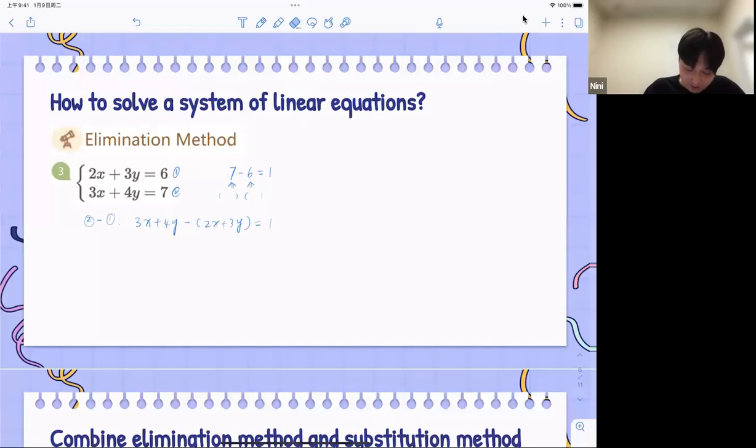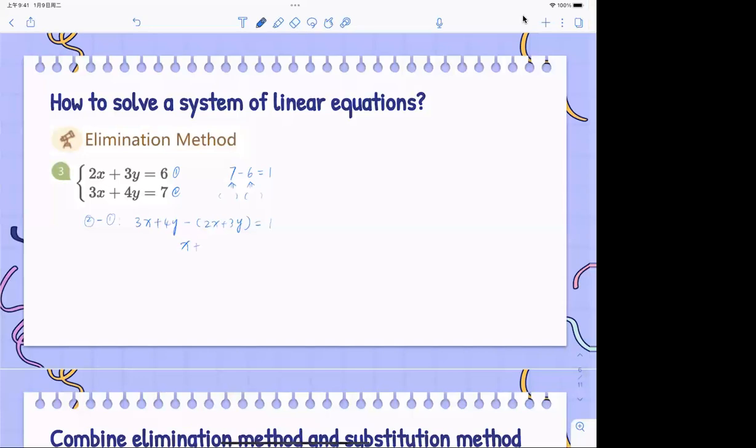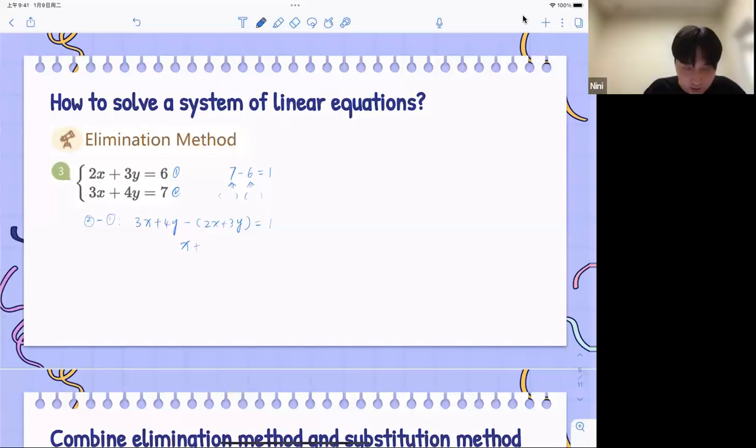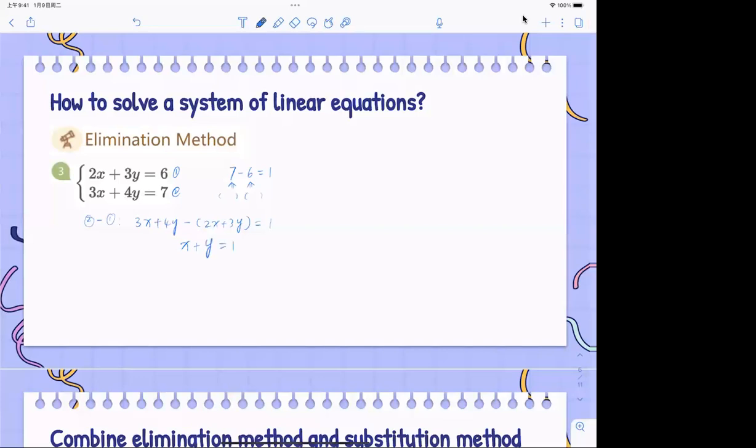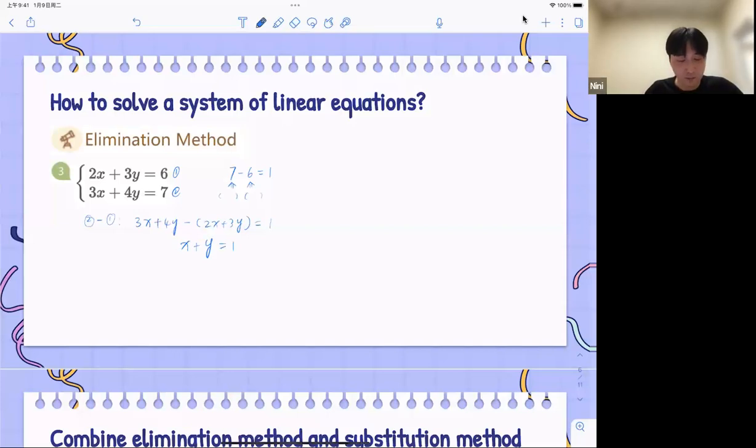We got 1x left, and we got, no, not 7y, because this is within the parentheses, that is y. The final result we can get from this is x plus y equals 1.